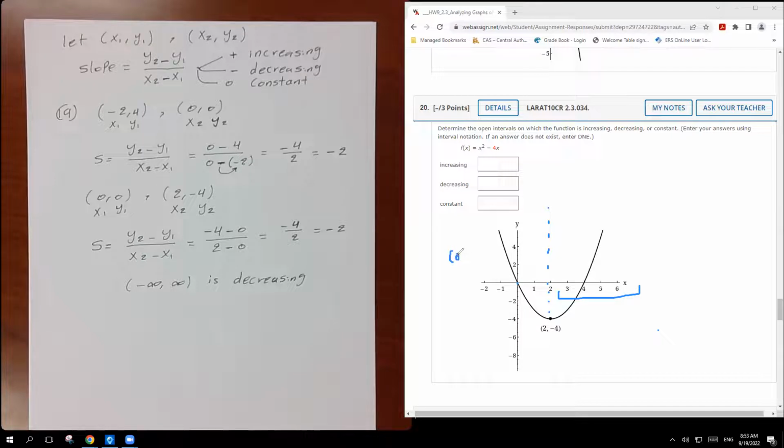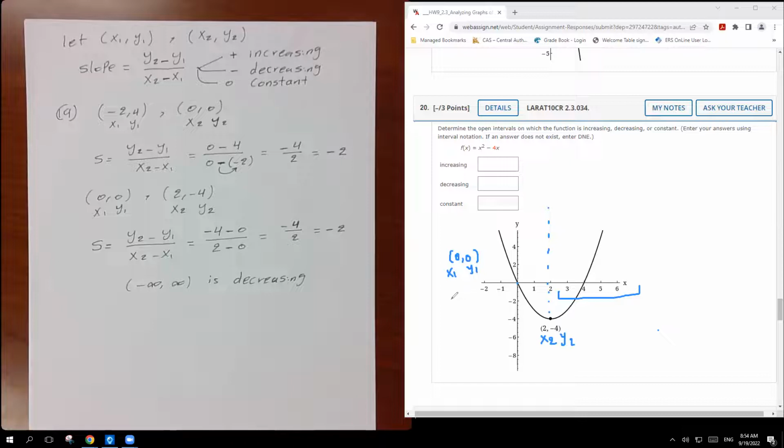So 0 and 0. And here's the second point. I'm going to say this is x1, this is y1, and this is x2, y2. Then I'm going to find the slope on this one. When you find the slope, you're going to figure out if it's increasing or decreasing.